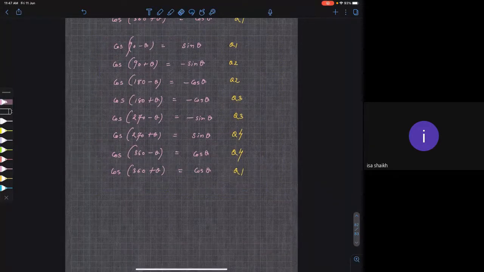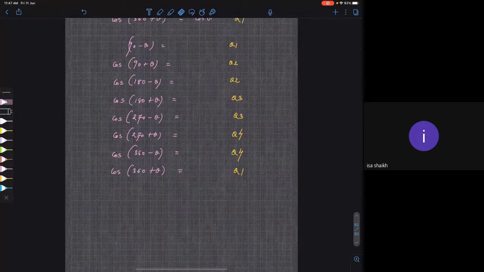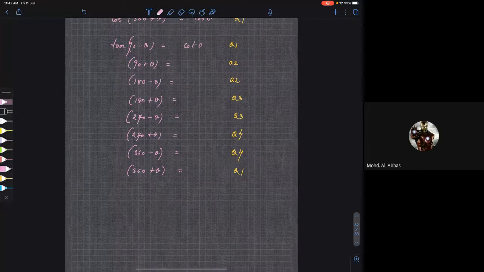Now tell me. So I'm just erasing all this, and I need tan here. Now tell me, what is tan of 90 minus theta? Cot theta. What is tan of 90 plus theta?